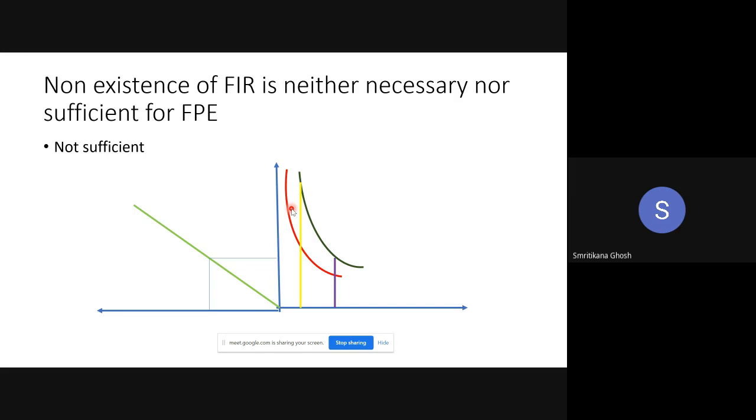But there is no factor intensity reversal. So factor intensity reversal is not important here. Make yourself clear about this. First of all, you have to understand this statement. Then, not sufficient: the absence of factor intensity reversal is not sufficient to have factor price equalization. Look at this diagram. Make yourself clear, please.